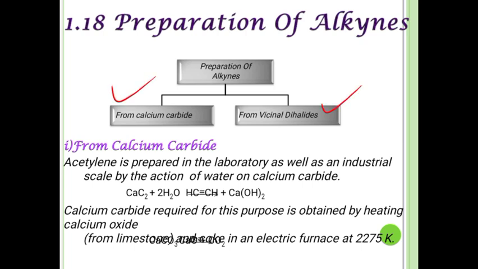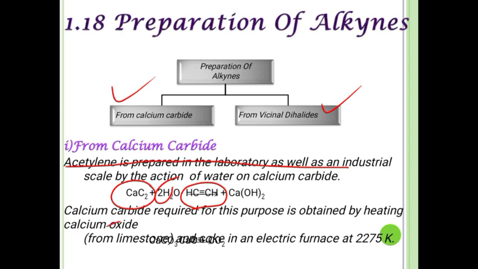How can you prepare from calcium carbide? Acetylene is prepared in the laboratory as well as on an industrial scale by the action of water on calcium carbide. This compound is known as calcium carbide, and if it is treated with water, we'll get our alkyne.